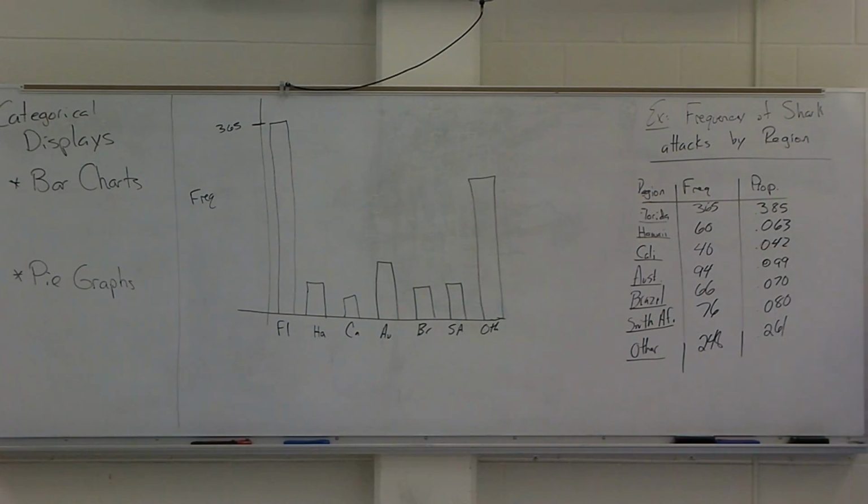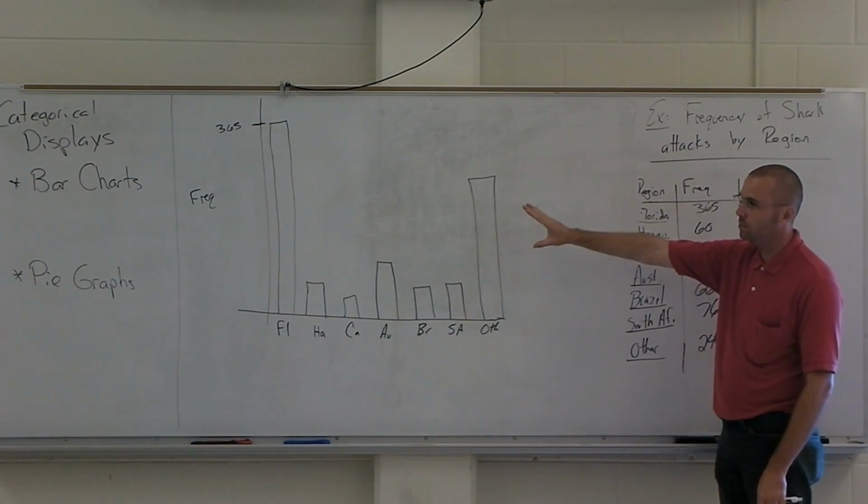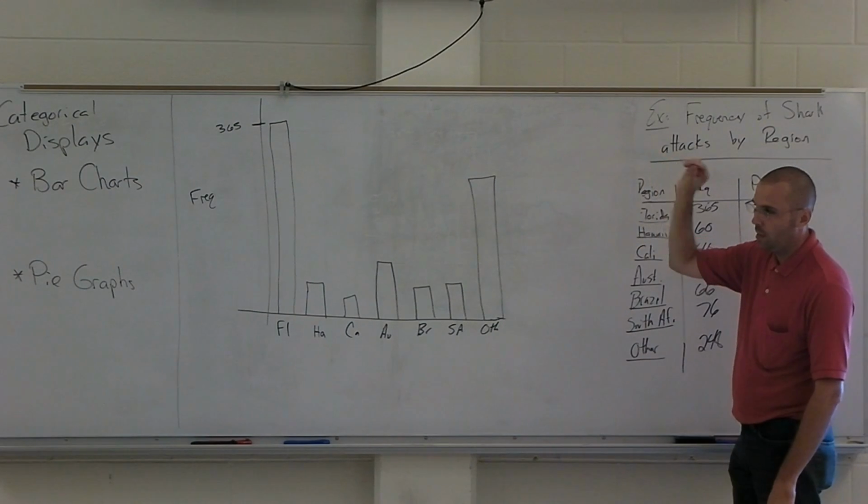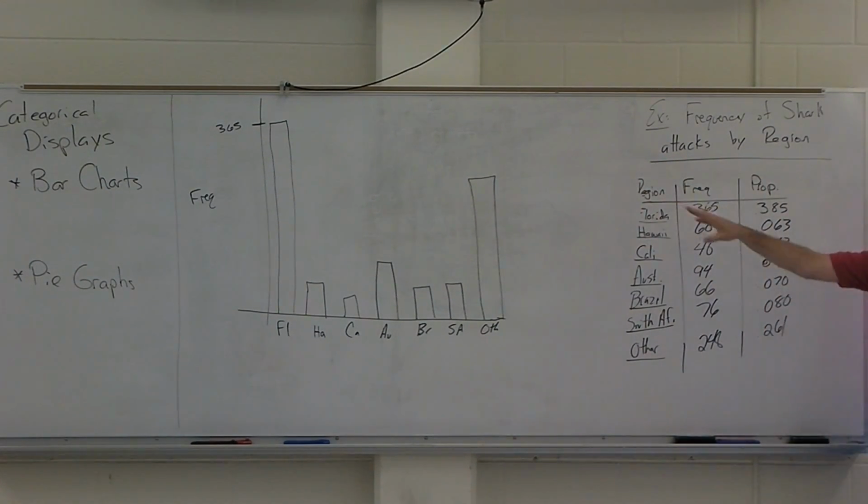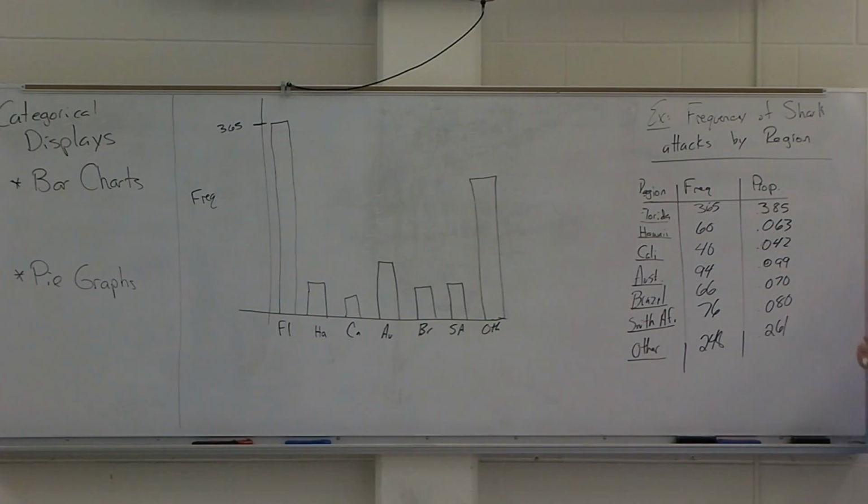Doing this stuff by hand is really out of date. All of you grew up in a technological world. I hope you didn't live in caves or anything. You've probably been exposed to computers for most of your lives. Most computer programs have ways of creating all of these things for you. What you have to do is put the data in. You have to be able to tell it what data is important and how to utilize it.